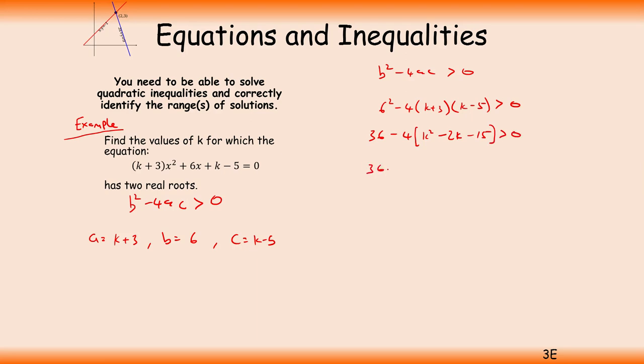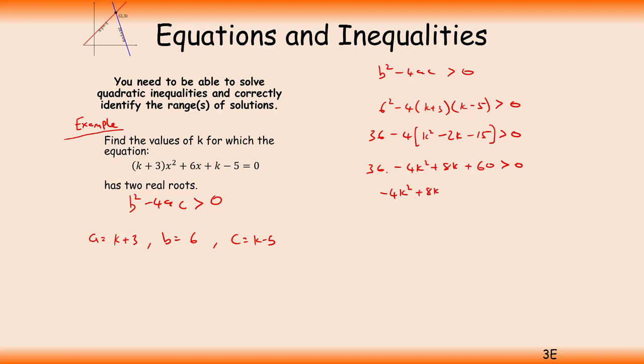Expand and simplify. 4 times 15 is 60. It's greater than 0. So I've got minus 4k squared plus 8k.